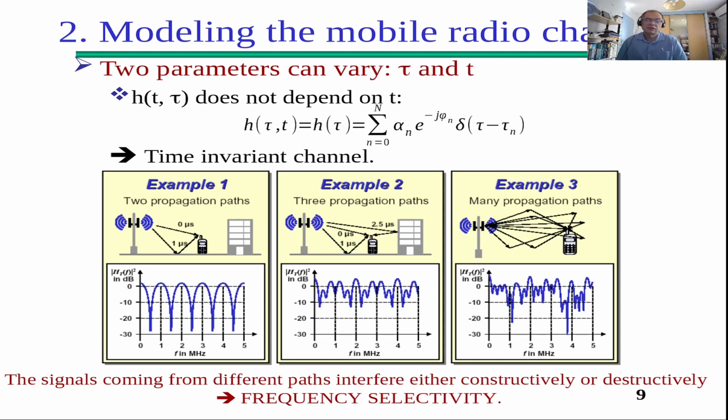This just represents the physical effect of the interference between the different paths, either constructively or destructively, because it's a complex number. You have to remember that. So that's really the frequency selectivity.